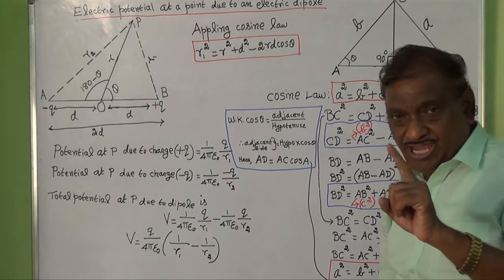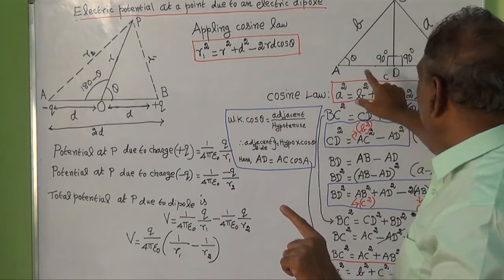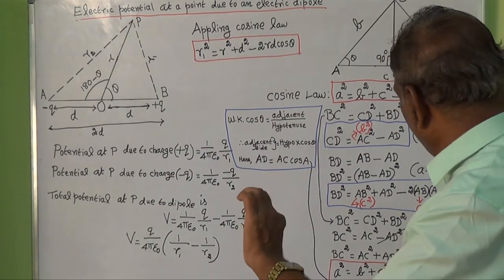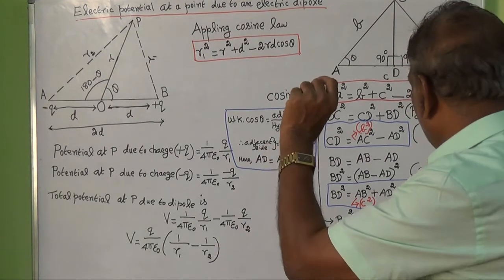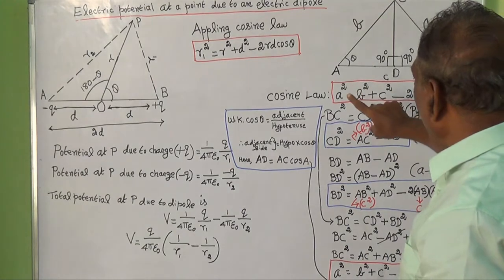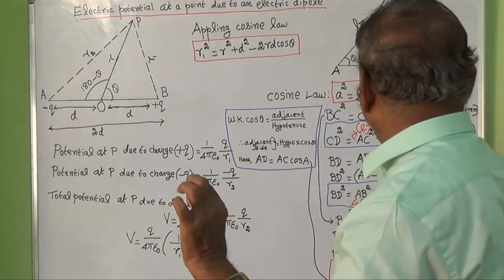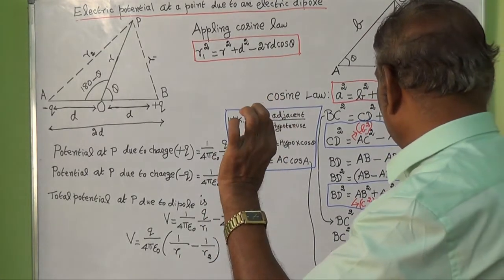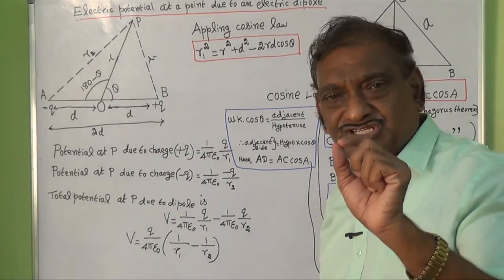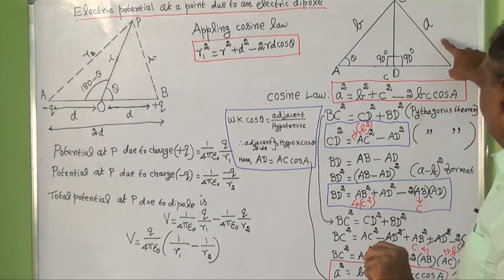One side is A, another side is B, the third side is C. We are getting two triangles, that is BDC and ADC. So first we are taking the right angled triangle BDC. In this right angled triangle BC represents the hypotenuse.